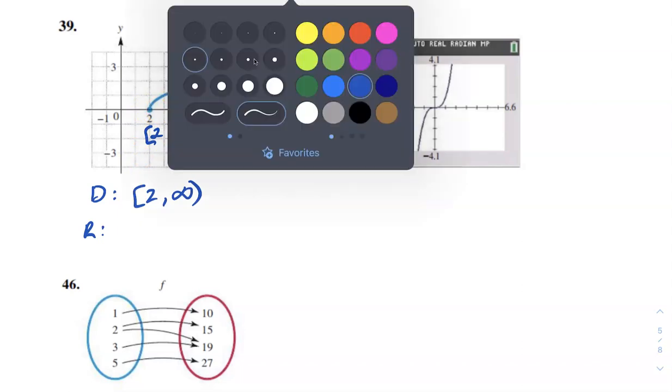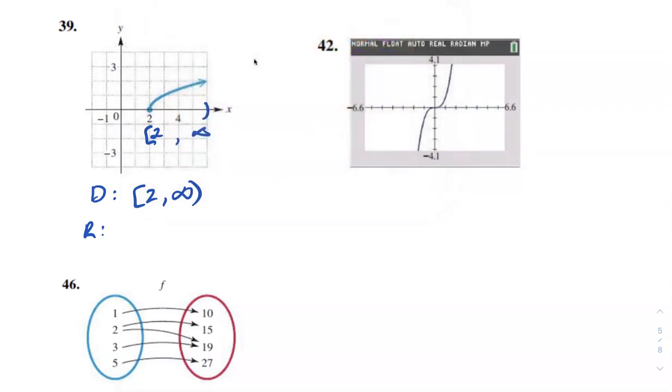Range is a little trickier for most people. For range, I always say you want to go low to high. For domain, you want to go left to right. So what's my lowest? If you go from the bottom up, what's my lowest? It's right here. Again, the y value, not the x value, it's 0.